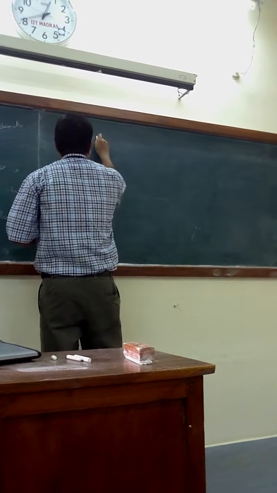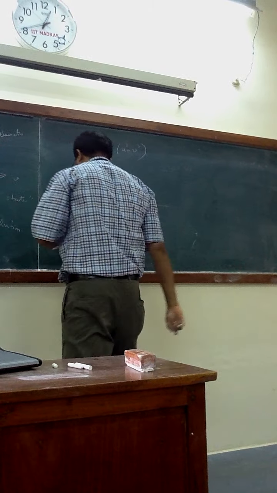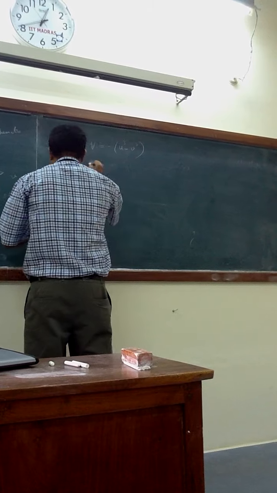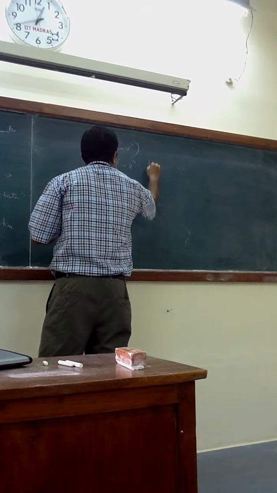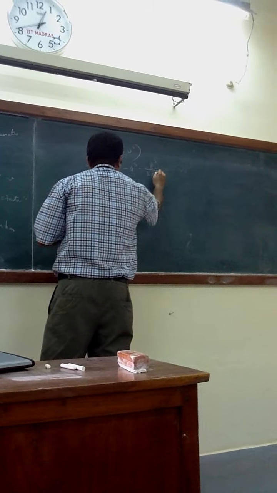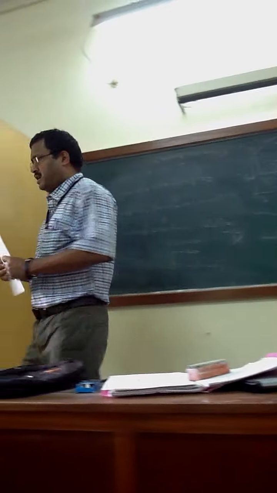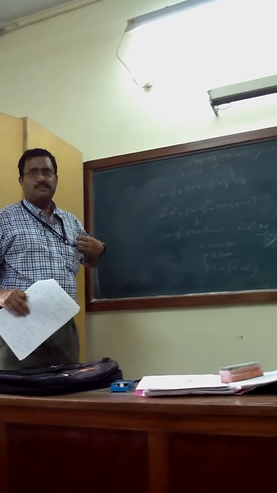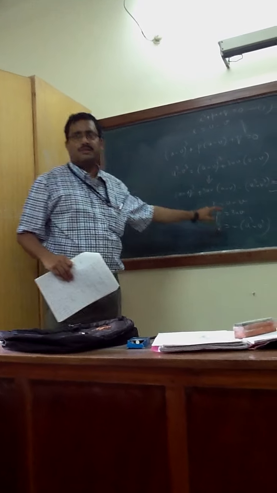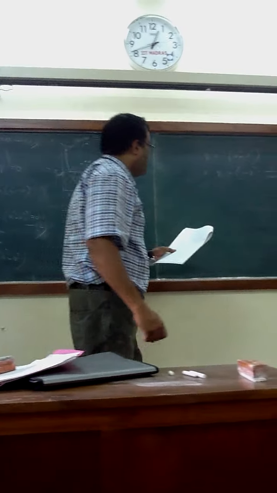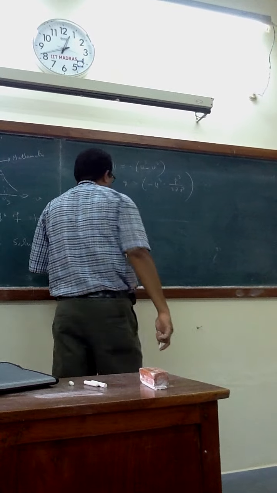If I pick up q equals −(u³ − v³), what will you get? Q equals −u³ − p³/(27u³), because we know that p equals 3uv, so v equals p by 3u, so you get an equation in terms of u.